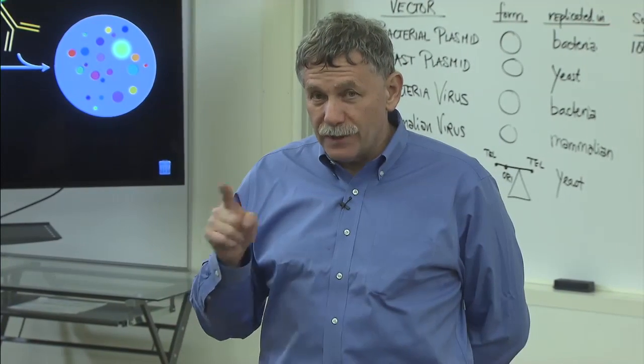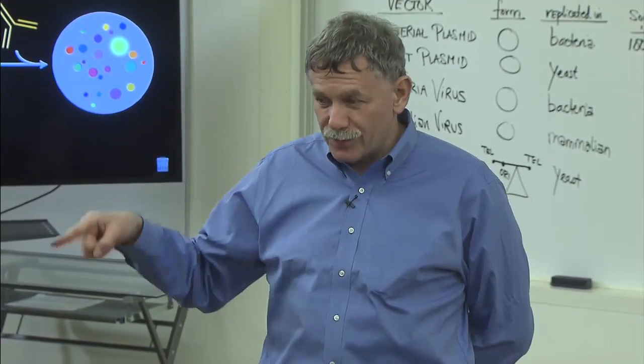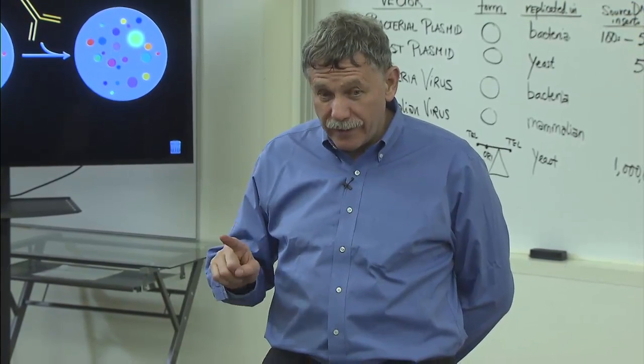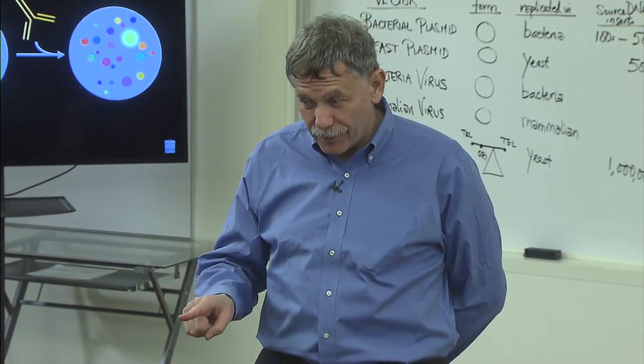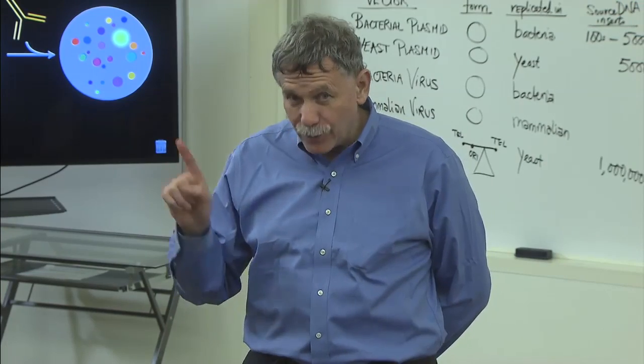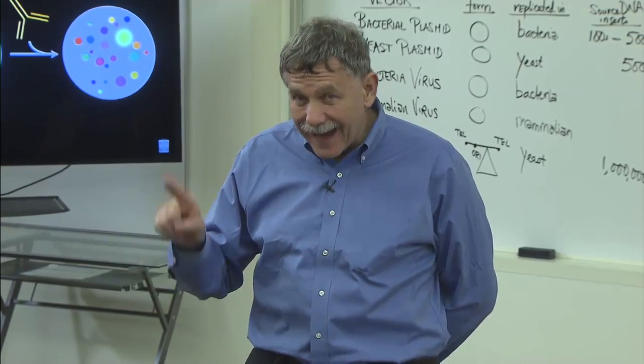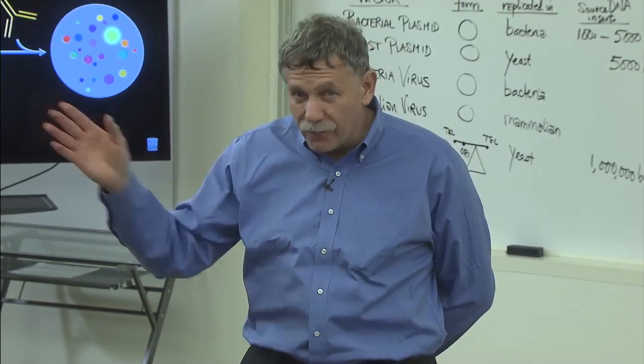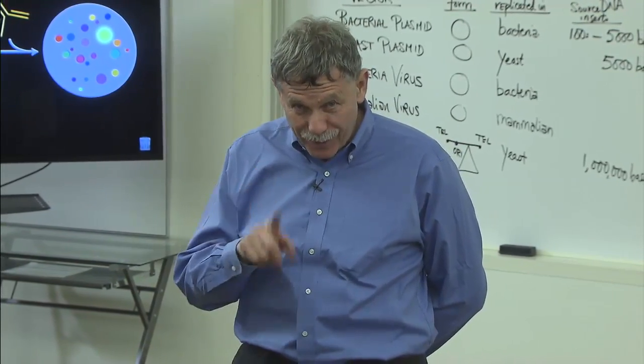That will be the subject 2 lectures from now. Because that turns out to be what motivated the entire Human Genome Project. So we'll come back in 2 lectures and talk about the entire Human Genome Project and how that cloning problem motivated why we ended up sequencing the human genome.